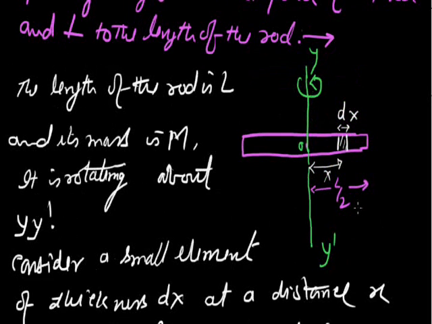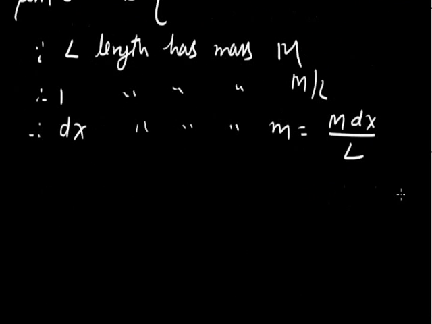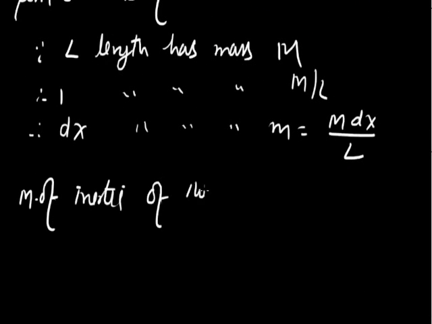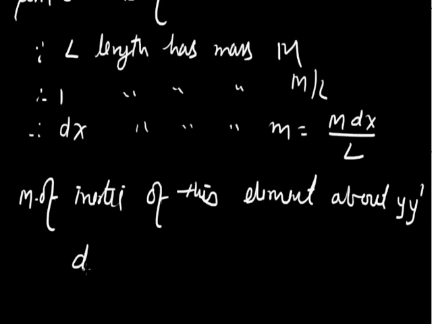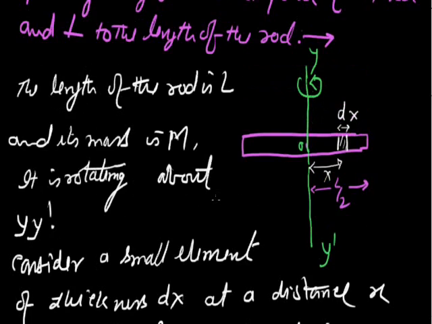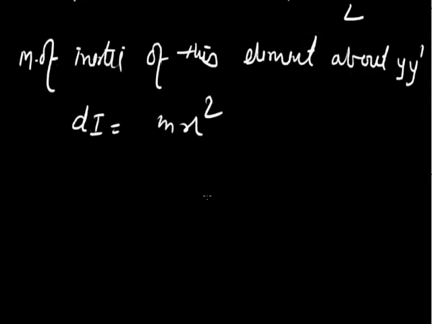This small element is rotating about the axis y dash. So the moment of inertia of this small element about y dash, that's dI, will be m into x square. m we have already found, that's M upon L into dx.